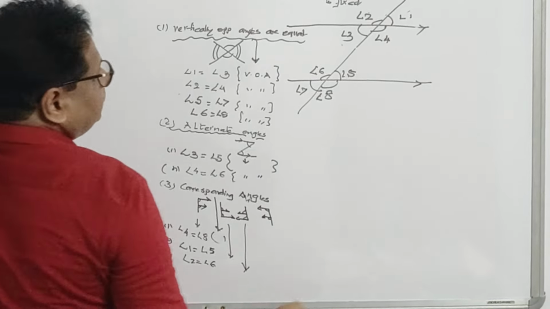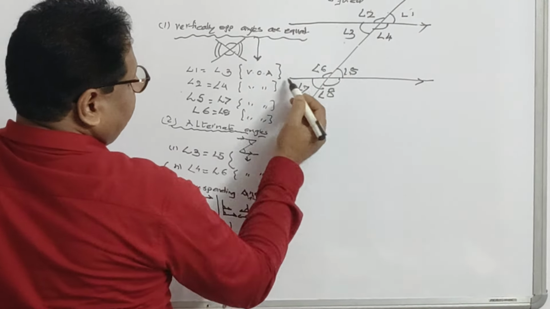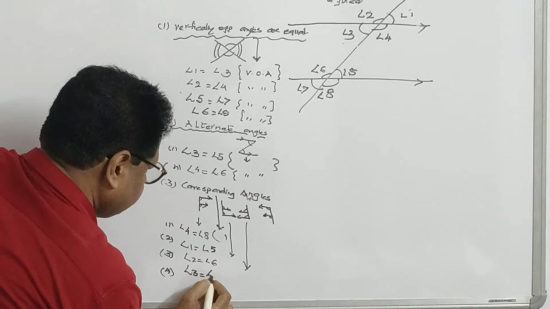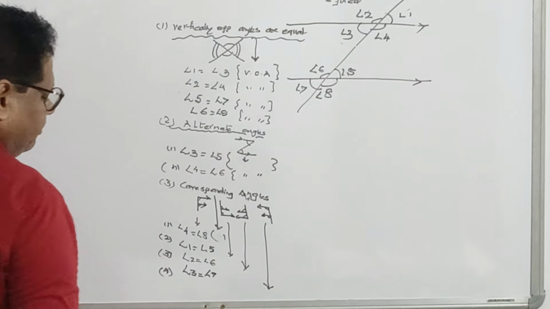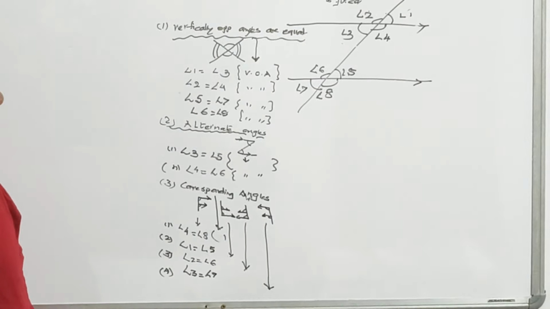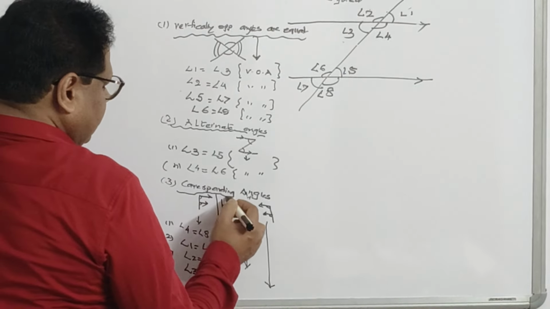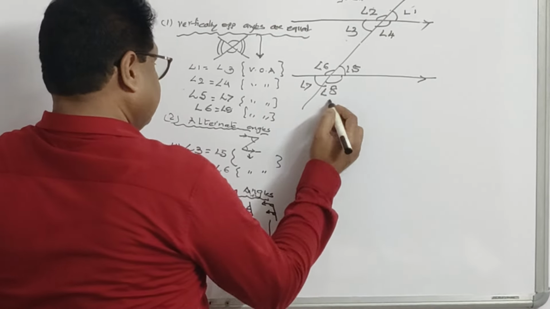Fourth, as per this figure we can say angle 3 equals angle 7. So this is the fourth and the last pair of corresponding angles. So this is the third pair of equal angles. Now we are coming to supplementary angles.